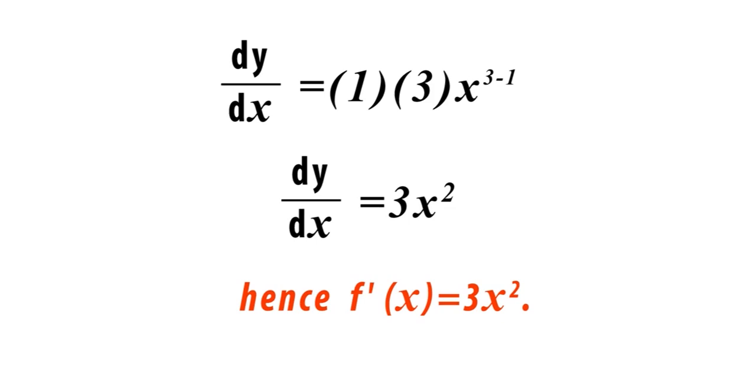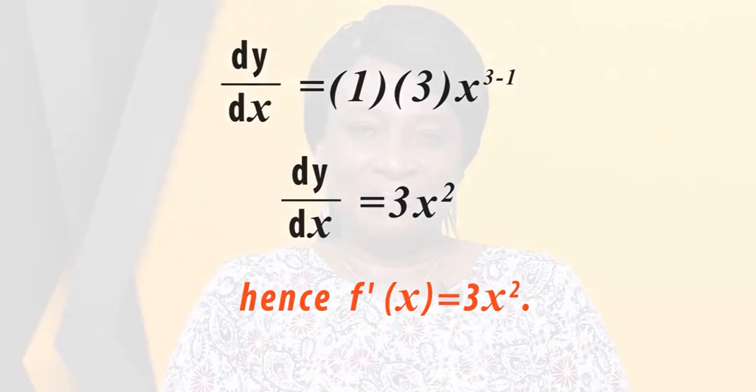When we simplify this, we will have dy dx is equal to 3x squared. Dy dx is the same as f prime of x. Hence, f prime of x is equal to 3x squared. That is the power rule. The power rule works for any power, positive, negative, or even fractions.